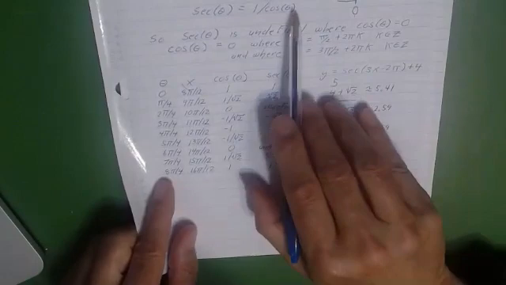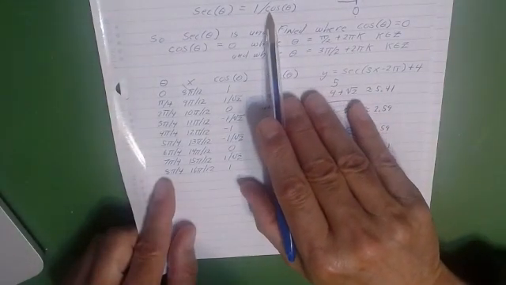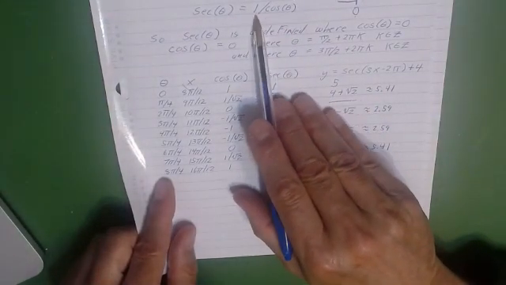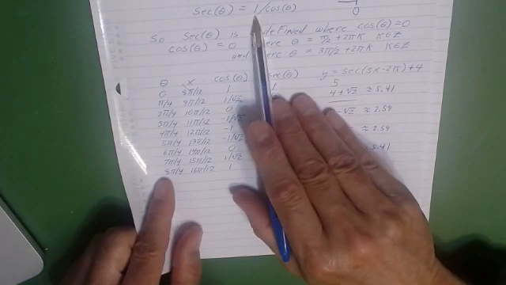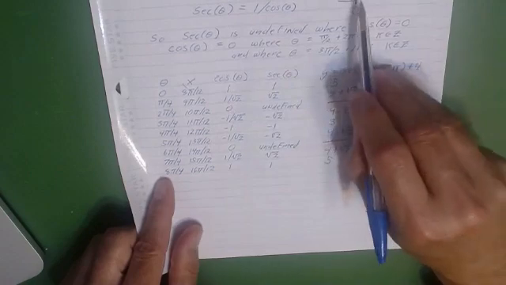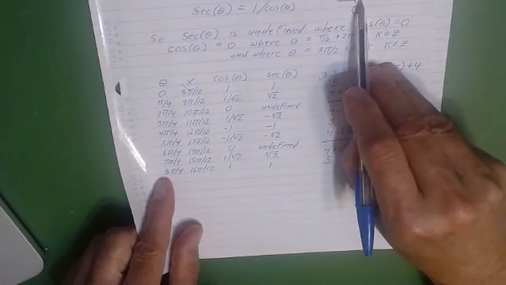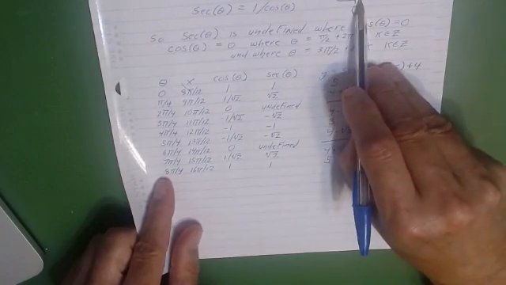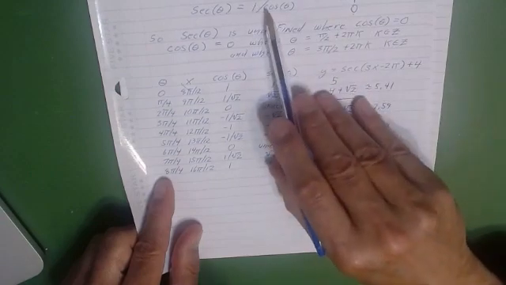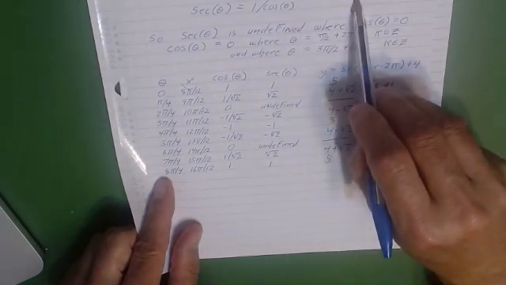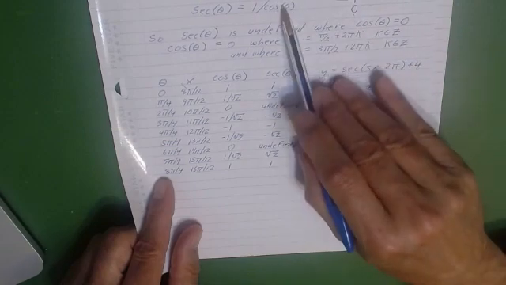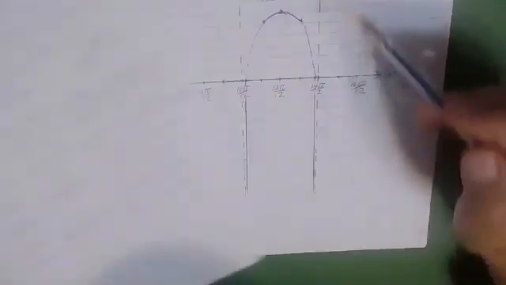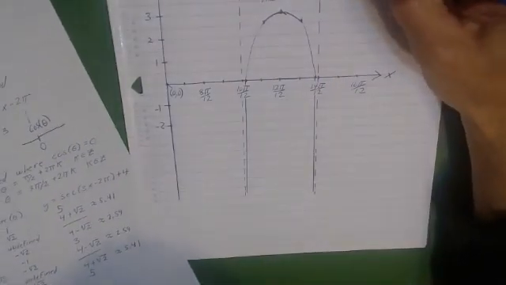So we're dividing a very small negative number into 1. That gives us a very large number, but it's negative, okay? But as soon as we cross that point where cosine theta equals 0, then all of a sudden we've got a very small positive number, but it's positive, divided into 1 makes a very large number, okay?